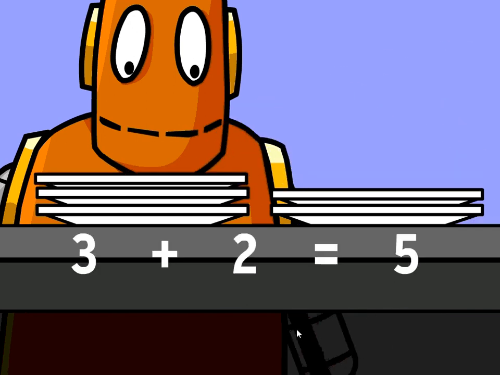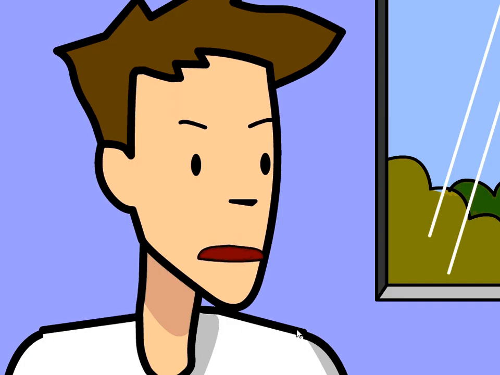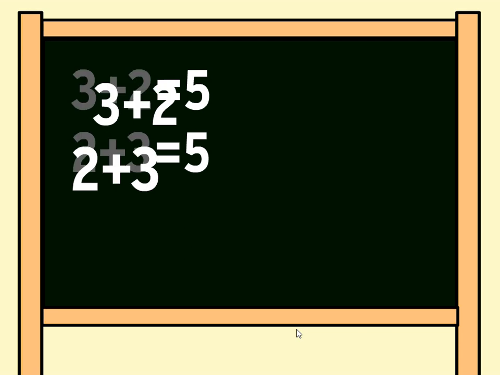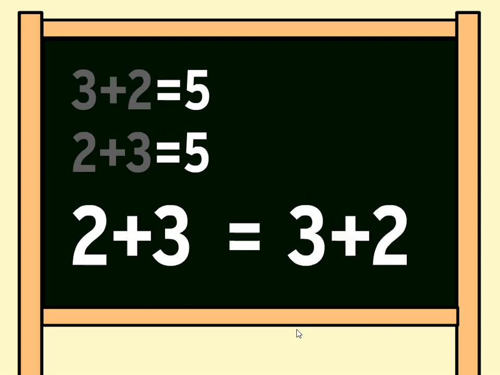Now we've got 3 plates plus 2 plates, and that also equals 5. What do you mean this is baby stuff? You're the one having a tea party. Besides, I'm trying to make a point. If 3 plus 2 equals 5, and 2 plus 3 also equals 5, then 2 plus 3 must equal 3 plus 2. Wow. The order of the numbers doesn't change the sum.